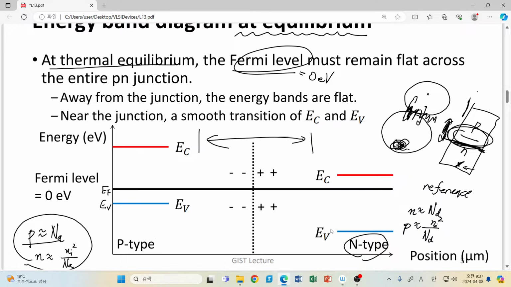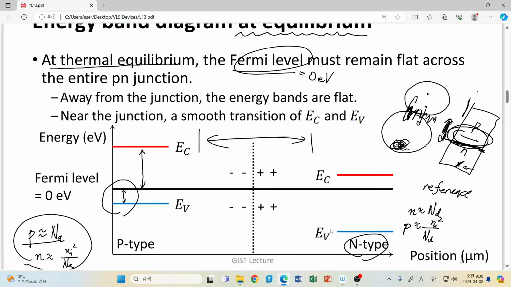Otherwise, we will not have many holes. If our Fermi level is located here, then we will have more electrons and fewer holes. Since this region is the p-type doped region, it is obvious that the distance between the Fermi level and the valence band will be much shorter than the distance from the conduction band to the Fermi level. So we can assume this kind of closeness between the Fermi level and the valence band.